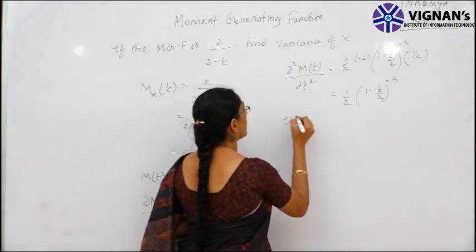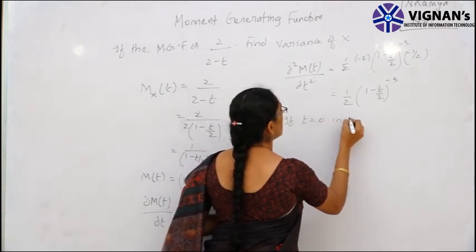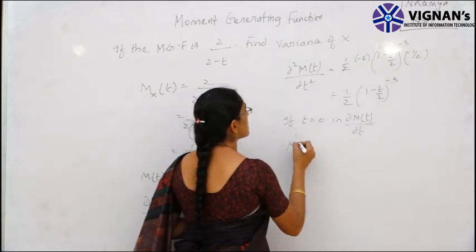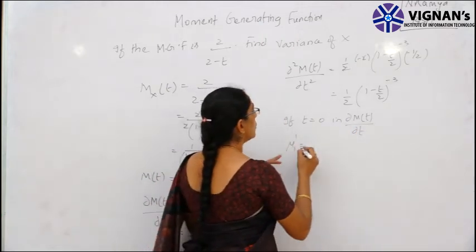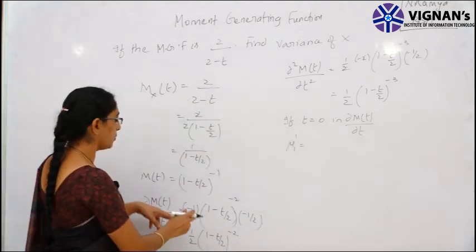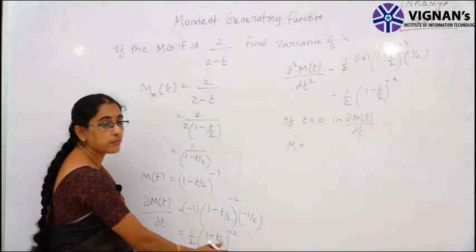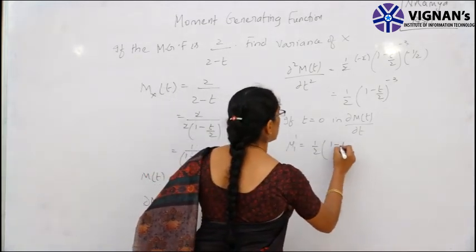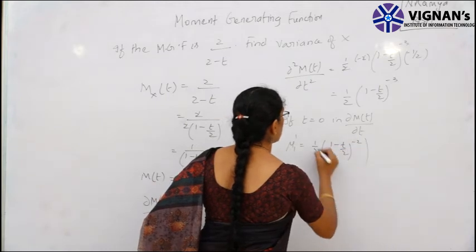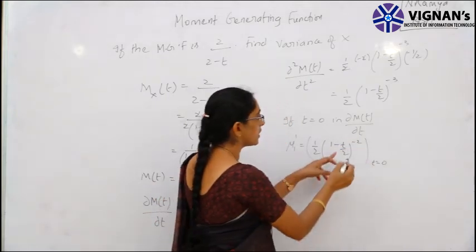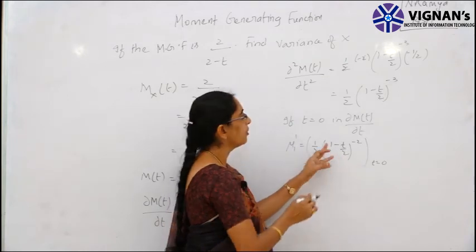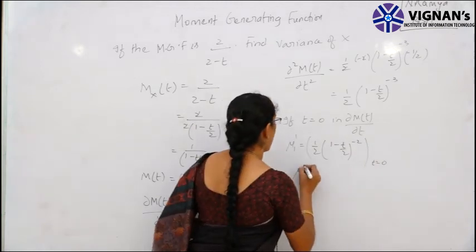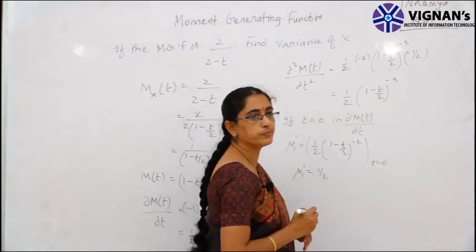Now, if we put t equal to 0 in dou m of t by dou t, then this becomes mu 1 dash, right. So mu 1 dash is equal to 1 by 2 into 1 minus t by 2 whole power minus 2 at t equal to 0. T equal to 0 means 0 by 2 is 0, 1 minus 0 is 1, and 1 power anything is 1. So mu 1 dash is equal to 1 by 2, right.